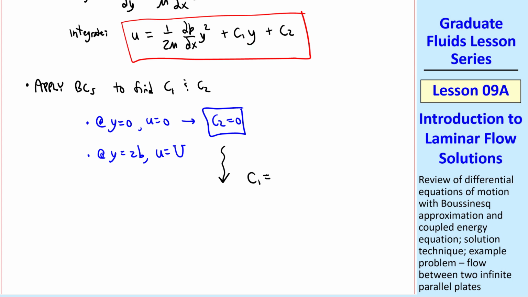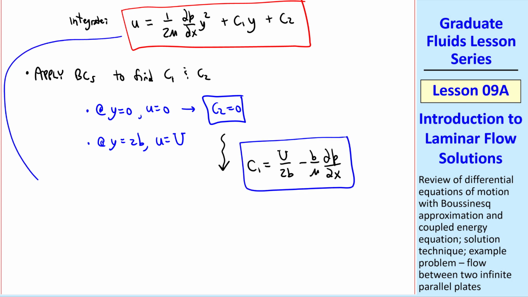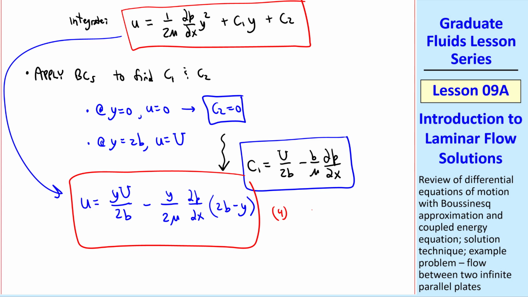A little bit of algebra yields c1 is U/(2b) minus (b/μ) ∂p/∂x. So finally, u becomes y U/(2b) minus y/(2μ) ∂p/∂x times the quantity (2b minus y). I'll call this equation 4, which is our final solution for u as a function of y.